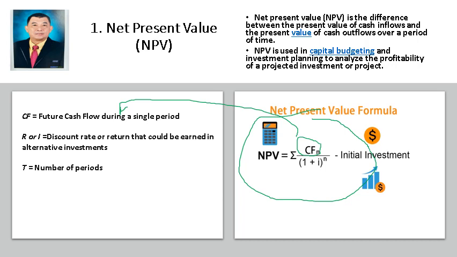Let's say first year cash flow is 30,000, second year cash flow is 20,000 again. The I or R signifies the discount rate or return that could be earned in an alternative investment. And of course, the T or the N is the number of periods. So that is again the formula of the net present value.